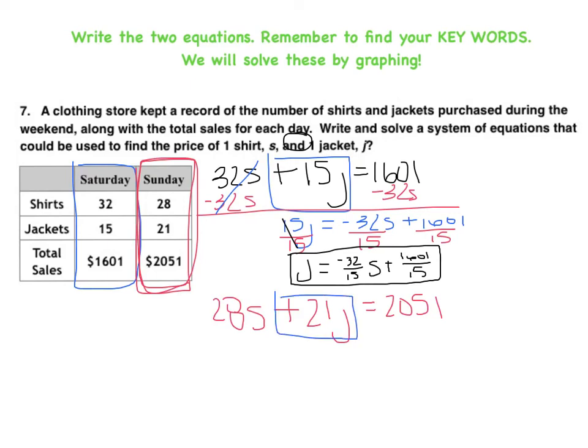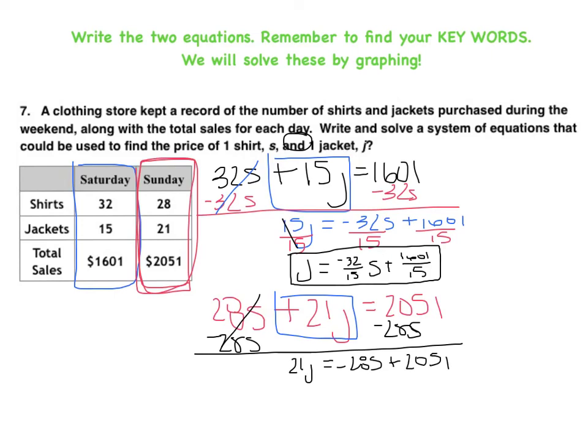First I box my variable. We get rid of the 28s by subtracting 28s from both sides. We end up with 21j equals negative 28s plus 2051.